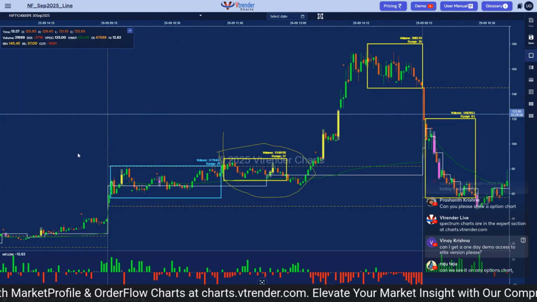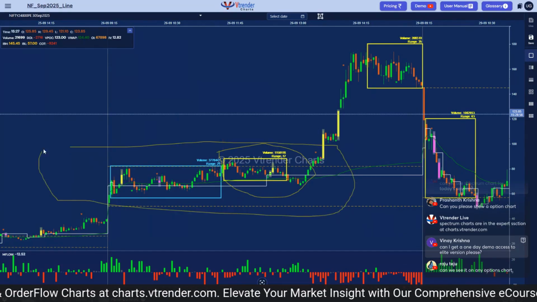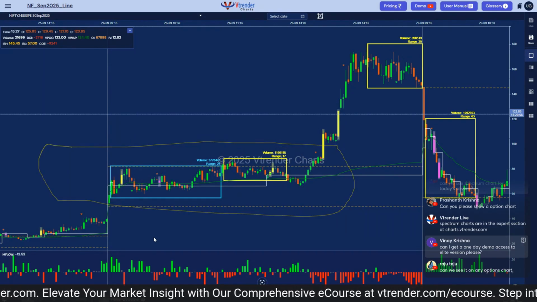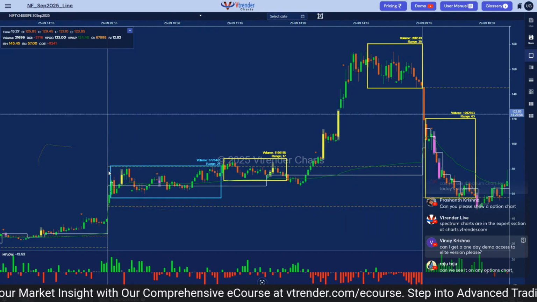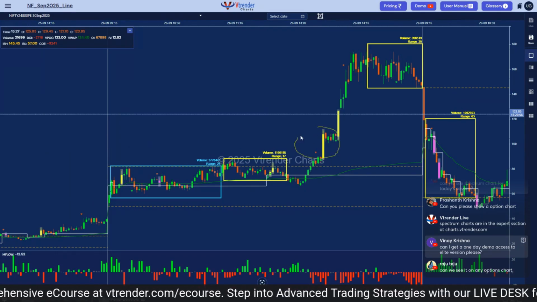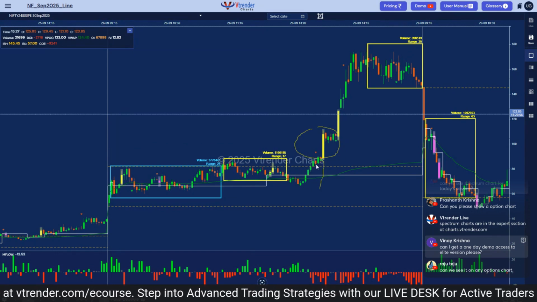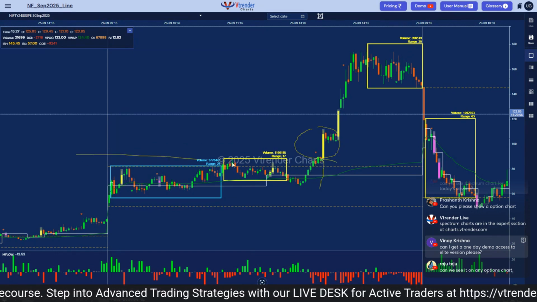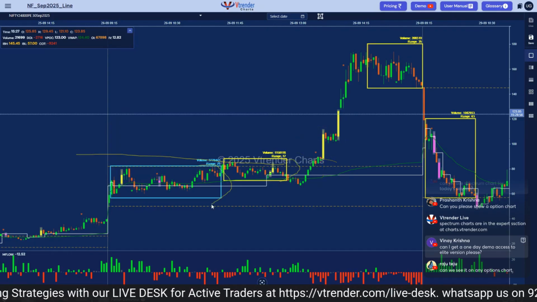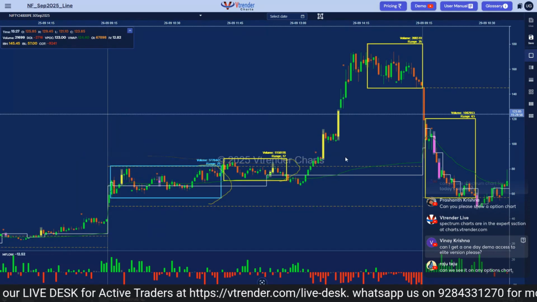So that is telling you this option is being in a microbalance. You can say they are accumulating or whatever the case is, but this has been in a microbalance.